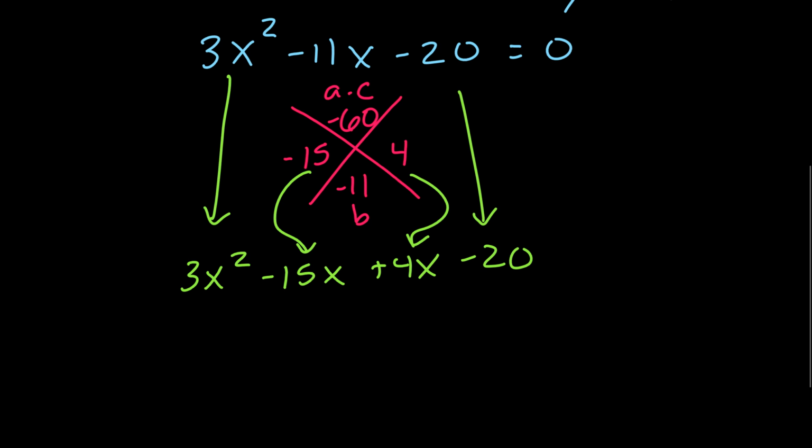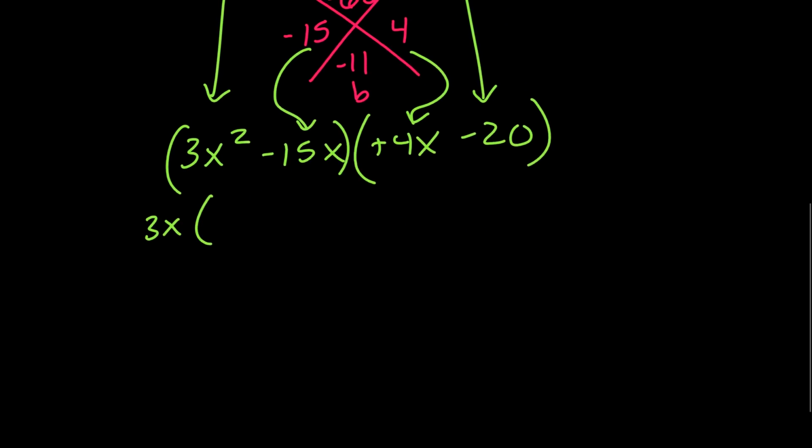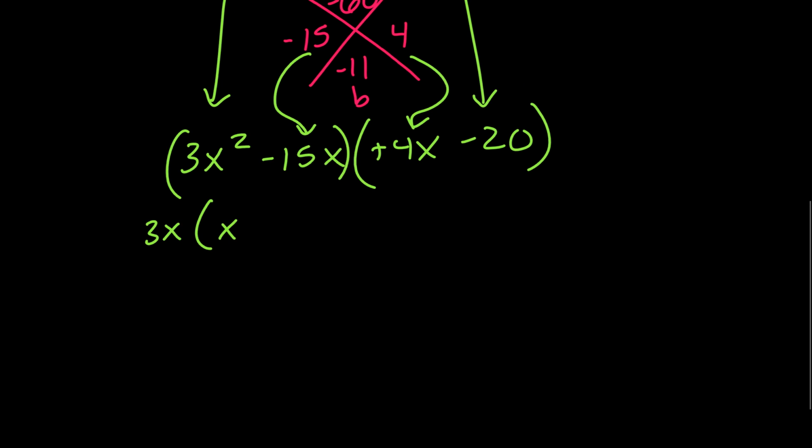So now we group the first two and the second two, and we ask ourselves what? What's the GCF of both? So what's the GCF of 3x squared minus 15x? Yeah, you pull out a 3x. So what is 3x squared divided by 3x? Yeah, and negative 15x divided by 3x is negative 5.